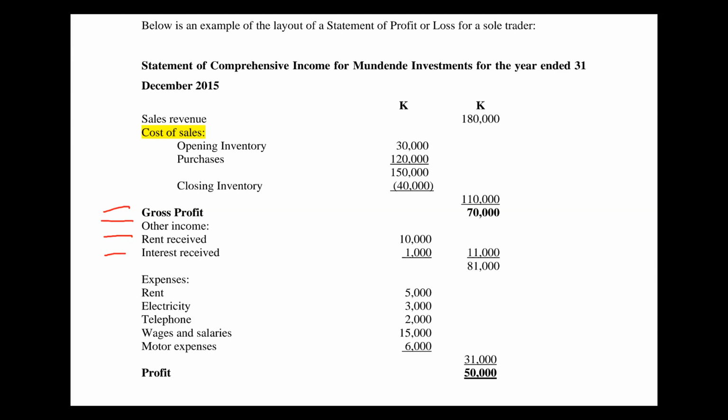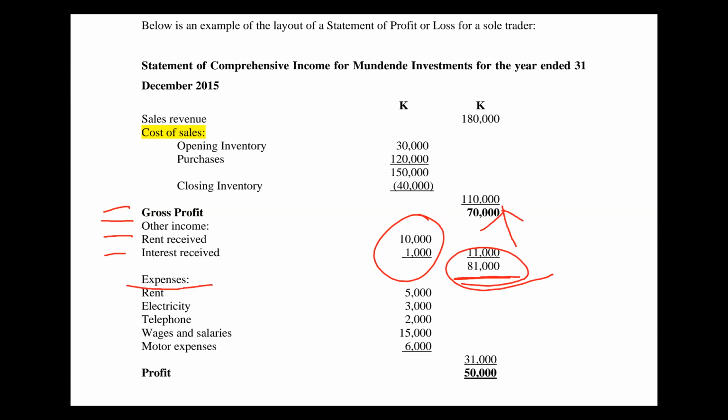You add all those things as other income to the gross profit. Because the sum of these other incomes is 11,000, you add it to the 70,000 to make 81,000 now. From this 81,000, you will subtract the expenses.